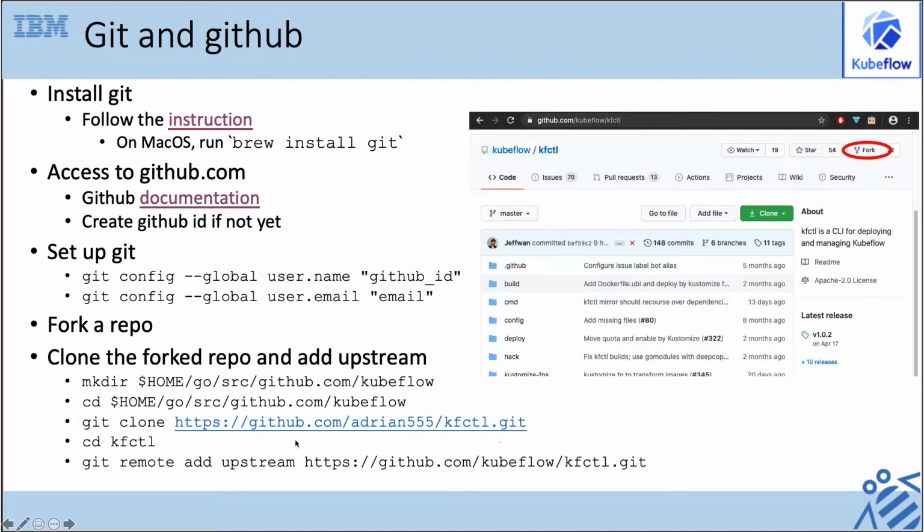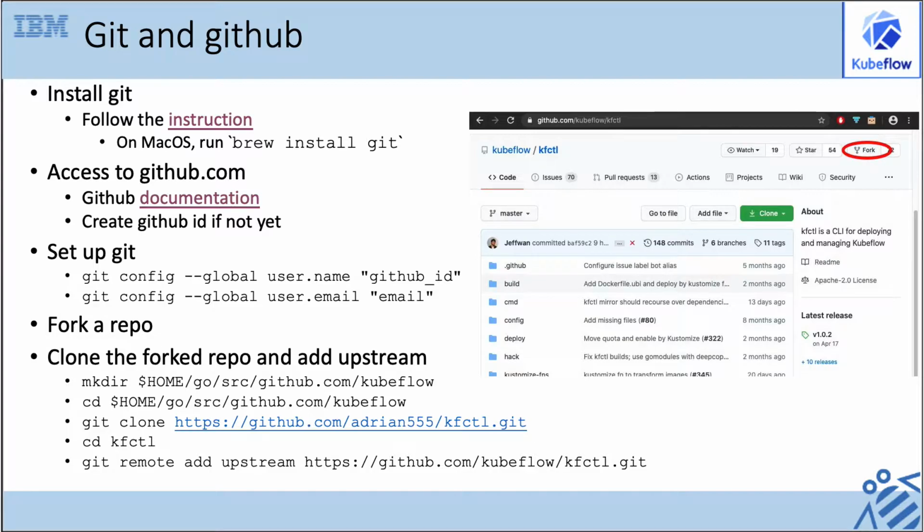It becomes HTTPS GitHub with my own GitHub ID, and this becomes my private repo. To set up that environment, you make a directory from the home to go, src, github.com, kubeflow, because this is mainly with the Go language, so it has very strict requirements on the directory.